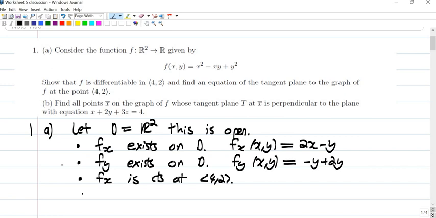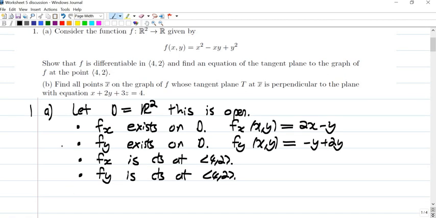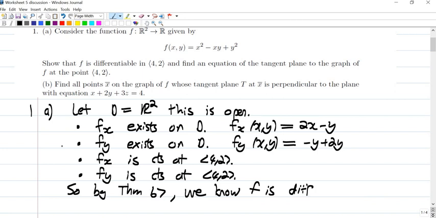We know polynomials are continuous everywhere. And then f partial y is continuous at the point (4, 2). Again, it's a polynomial, so it's continuous everywhere. So, by Theorem 67 in the textbook, we know f is differentiable at the point (4, 2).